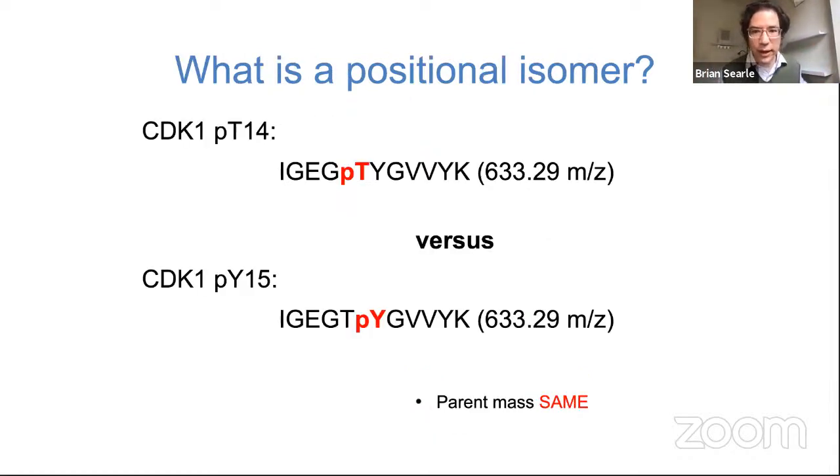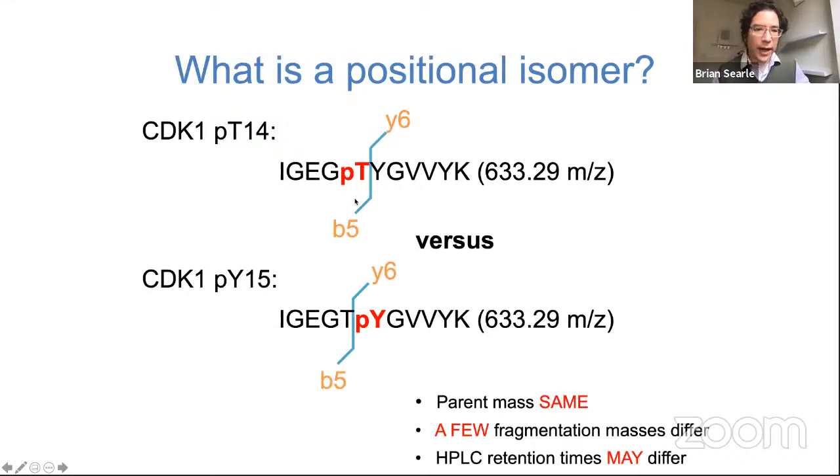So what's going on here is if we're measuring, for example, these 2 CDK peptides, we've got a phosphopeptide where the tyrosine is phosphorylated down here and the threonine is phosphorylated up here. They have exactly the same parent masses, and the retention times may be a little bit different. But realistically, the only way that you can tell the difference between these is by using those specific fragment ions.